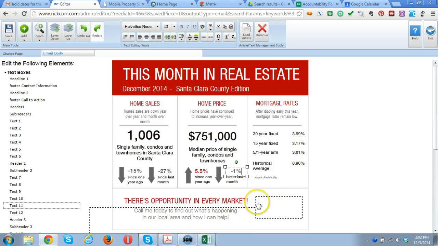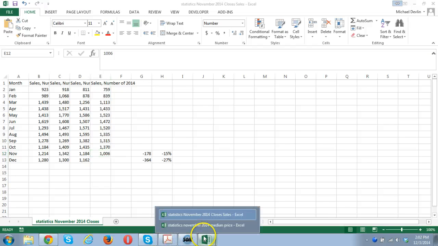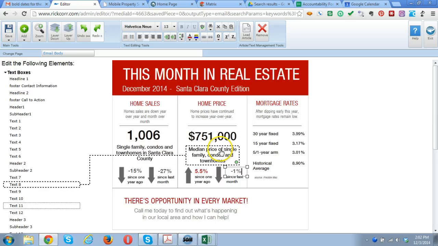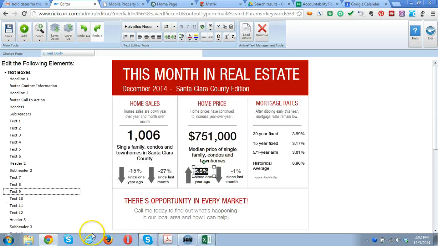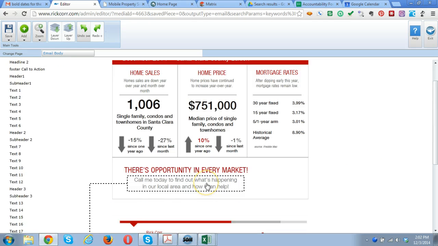And then this was the wrong one. A 10%. I have no memory left. Percent. And center it. Voila.